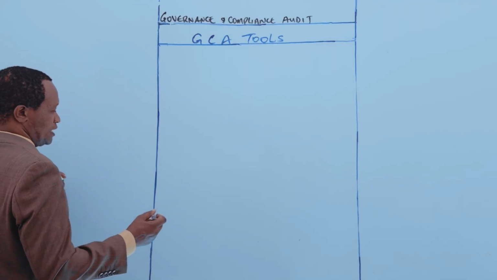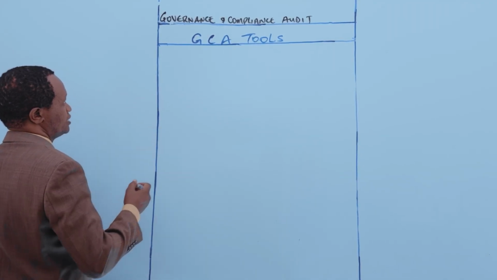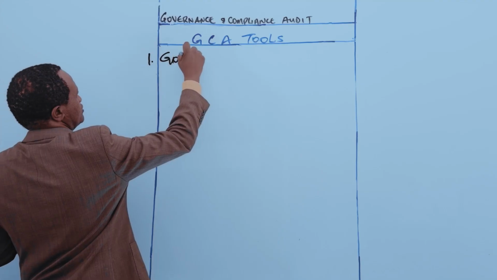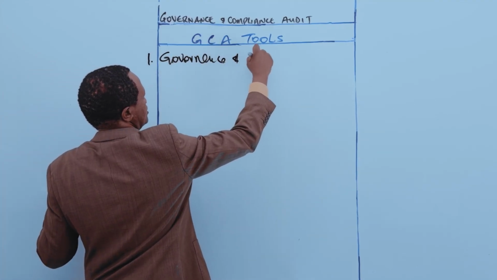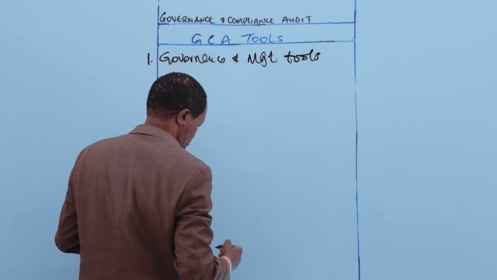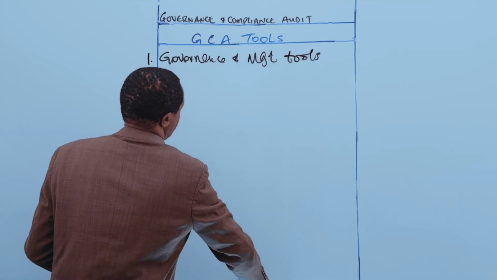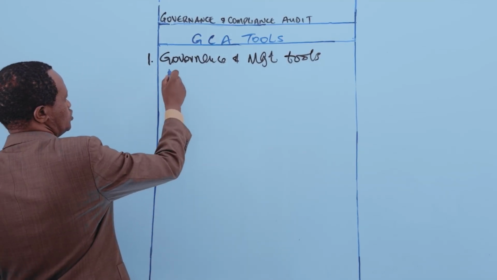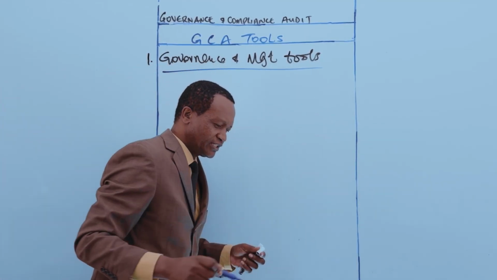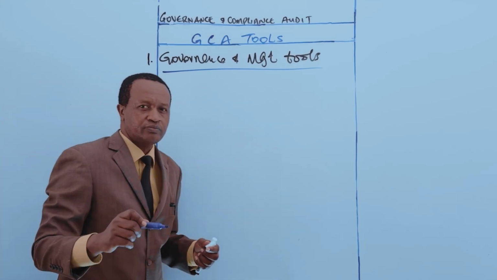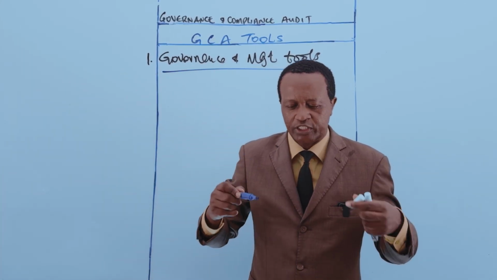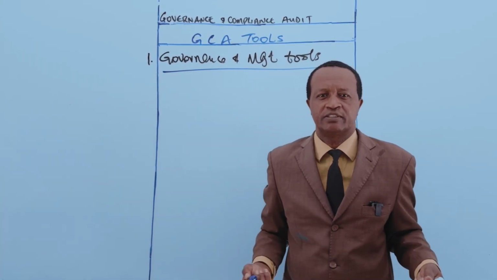Number 1, governance and management tools. Now, governance and management tools focus on the structural side of an audit.